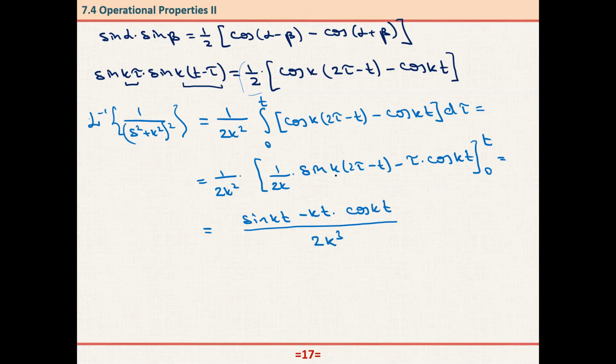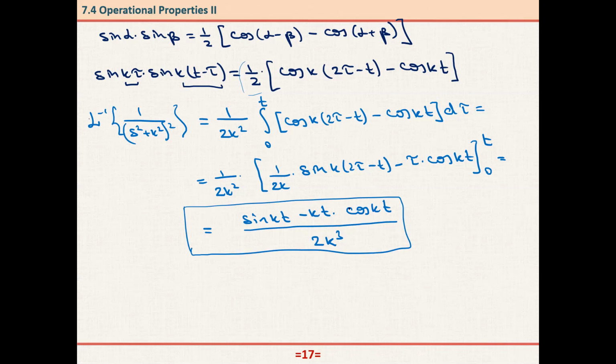So here we have t, that's why here we have 2kt, and when it is 0, that is equal to 0. Just evaluate this integral, and we got this answer. Okay. And in the exam, maybe I'll ask a bit simpler question, but at least you need to know the idea and how to evaluate this stuff. Okay. That is another example related to convolution.